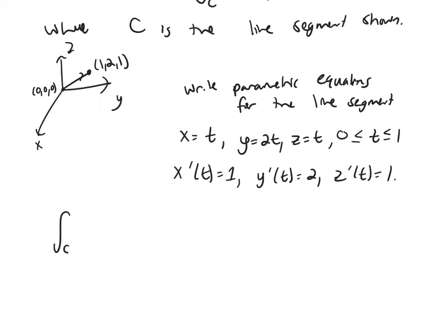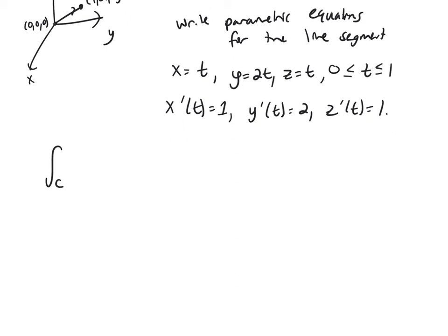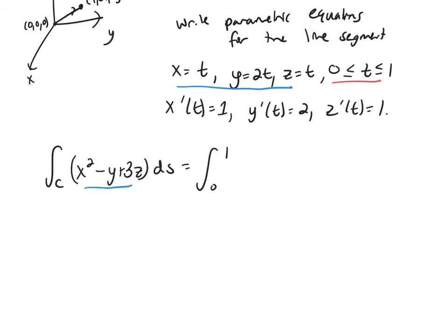So now I'm going to plug this all into my line integral. This is the integral, t goes from 0 to 1. It's this part here, and now I'm going to plug in these formulas. If I plug in t for x, I'll get t squared minus 2t plus 3t.